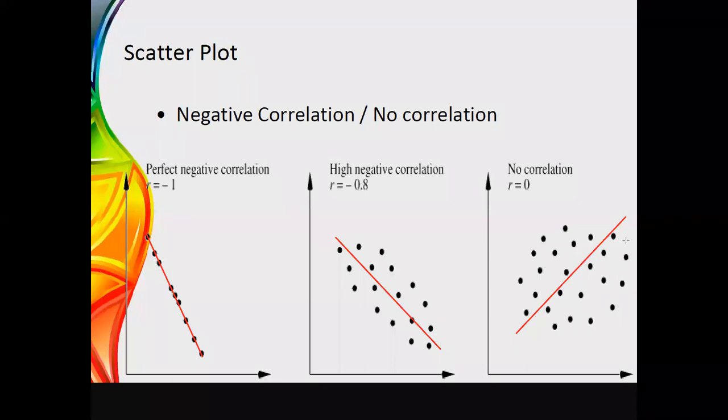Therefore, you cannot say that there is an upward correlation or a downward trend. All the points are in a random pattern, with no fitted pattern. This is how we identify positive, negative, and no correlation using the scatter plot.